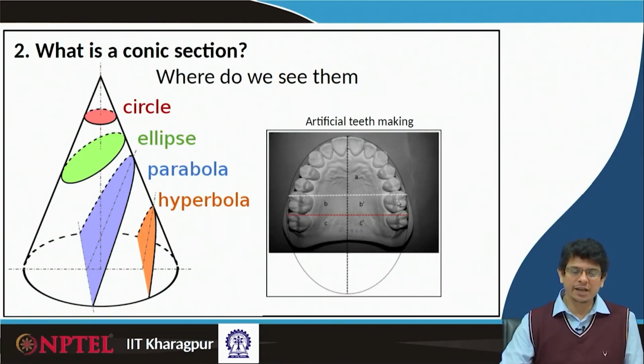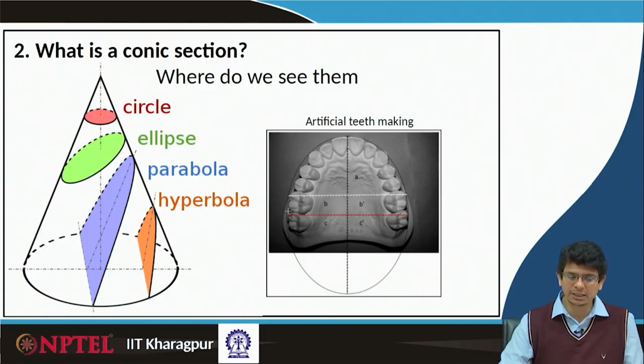For a dentist, if he wants to make teeth, artificial implants and so on, first of all he has to design where exactly the tooth locations are supposed to be and in which format the teeth have to be arranged. For that purpose, our human mouth is usually in an elliptical format with different major axis and minor axis.